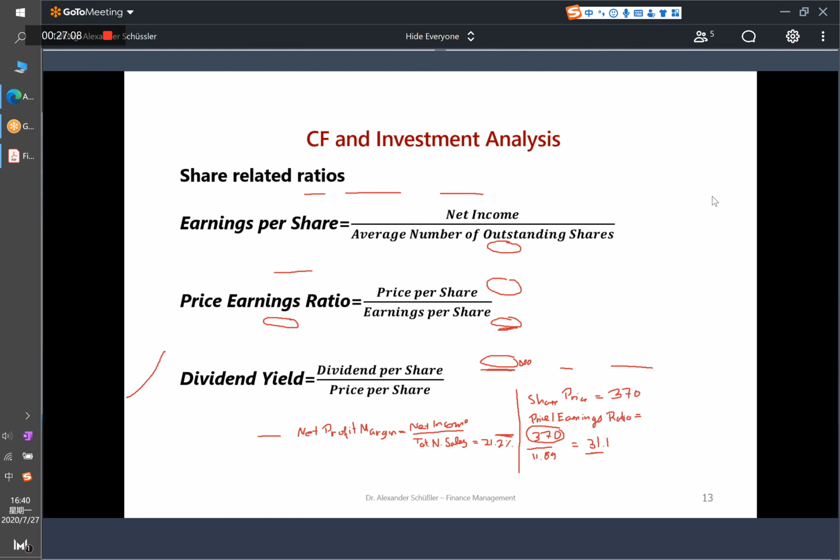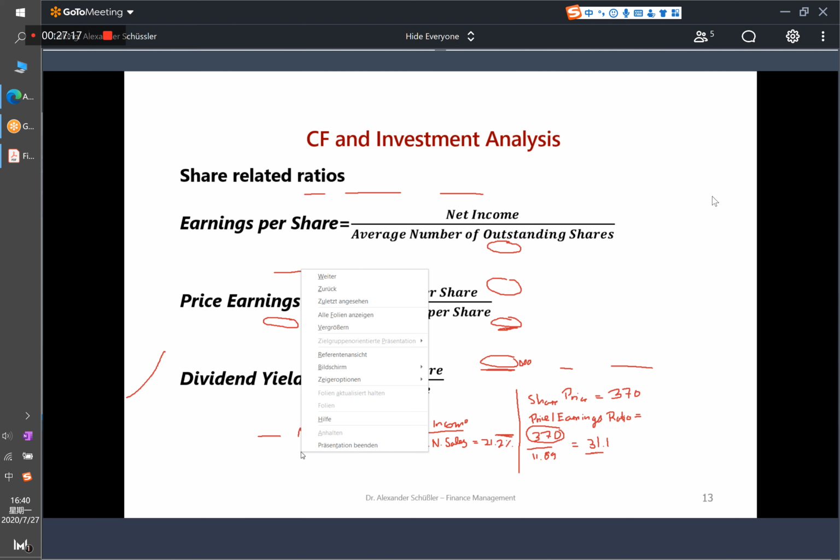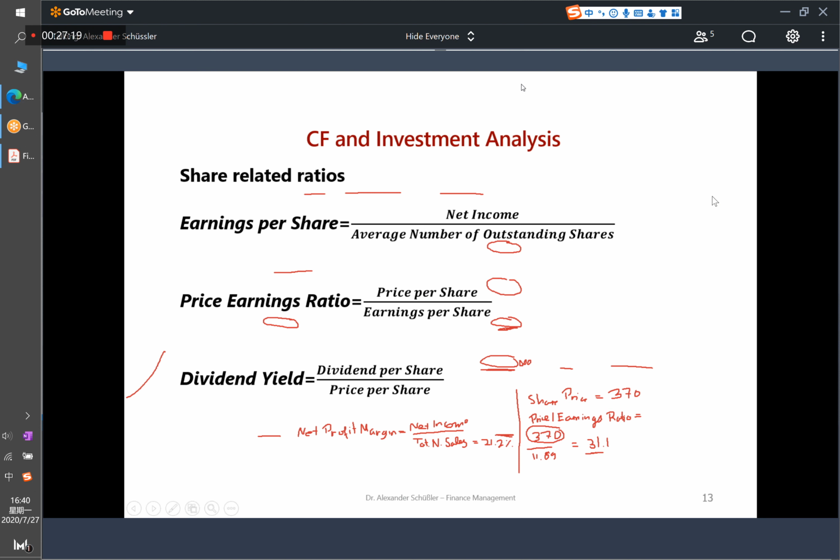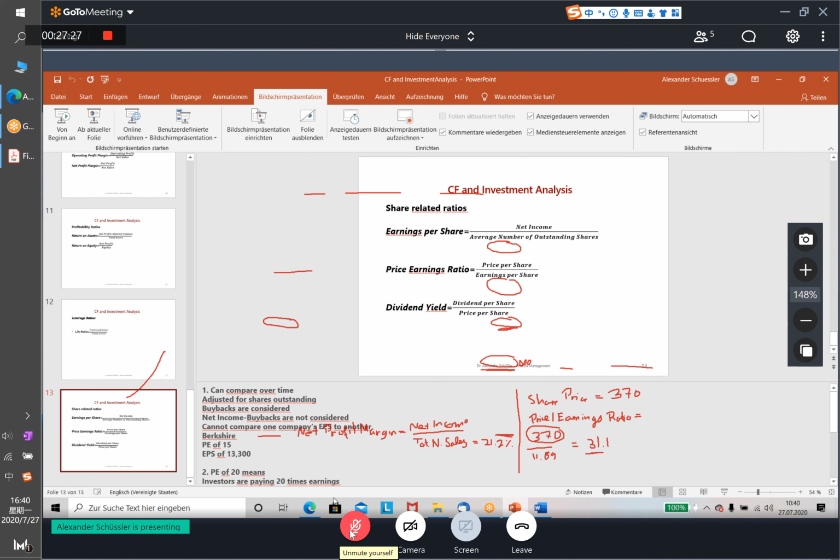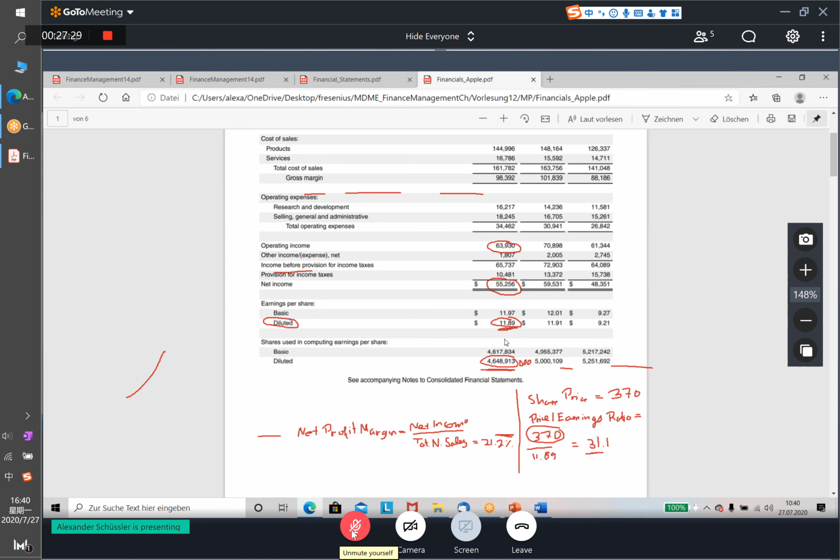What could be the reason why it's relatively expensive? What do the shareholders probably think about Apple? Do they think it's a good business or a bad business?